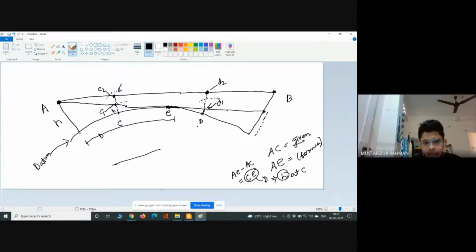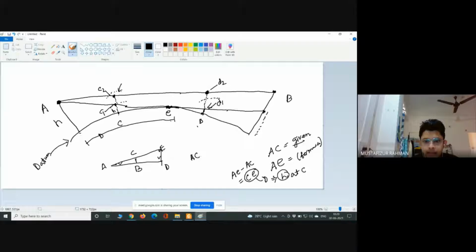Remember similar triangles? If we have two similar triangles like this, their angles are the same, then their sides become proportional to each other, right? So if this is ABC, and this is ADE, then what happens?